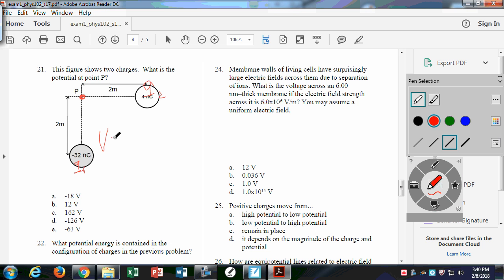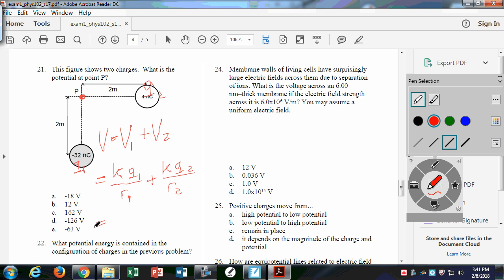And so the potential is going to equal V1 plus V2. V1 is K Q1 over R1, and V2 is K Q2 over R2.